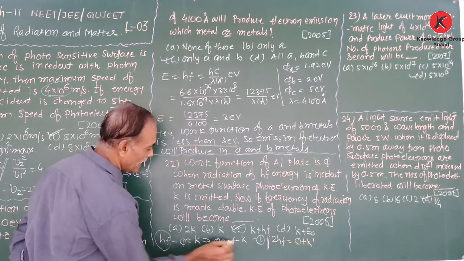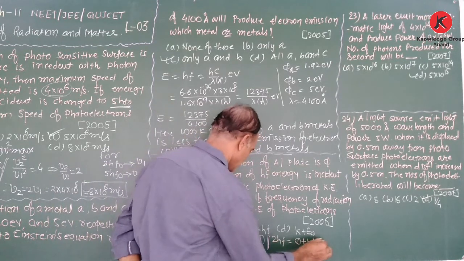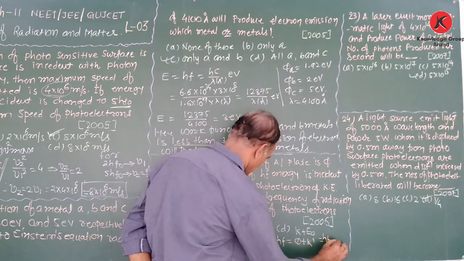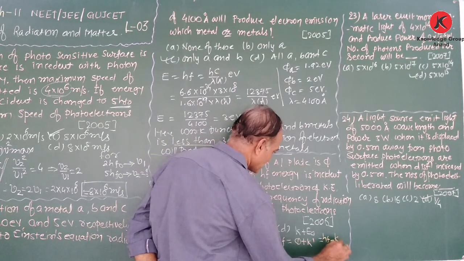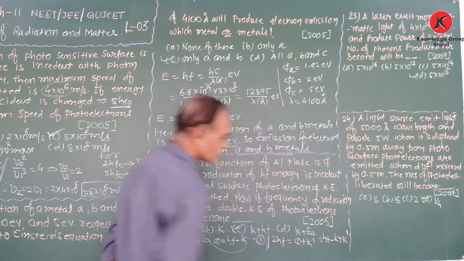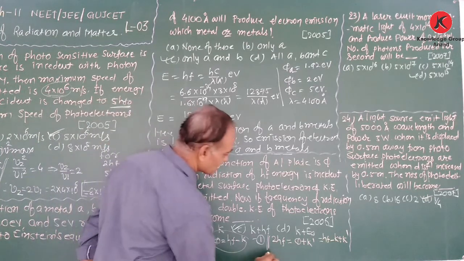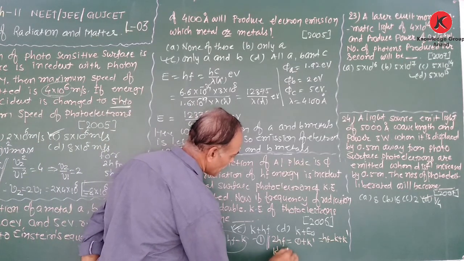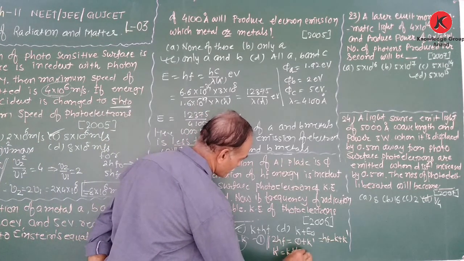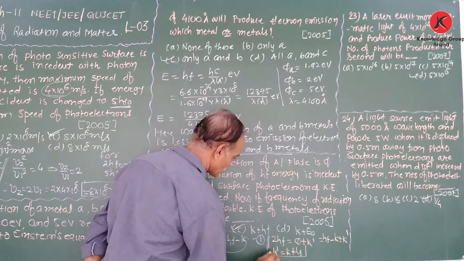Substitute the value of phi in this. So what we obtain? 2hf is equal to hf minus K plus K dash. Therefore, K dash is equal to K plus hf.